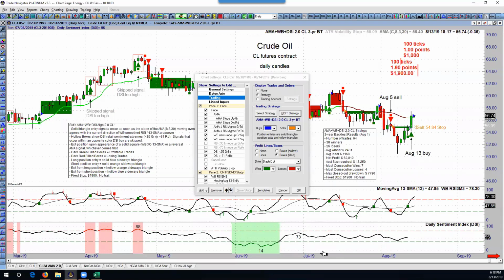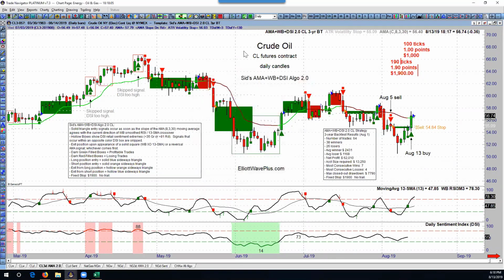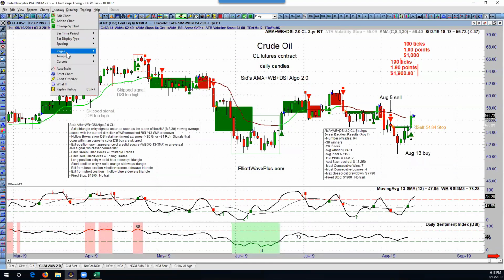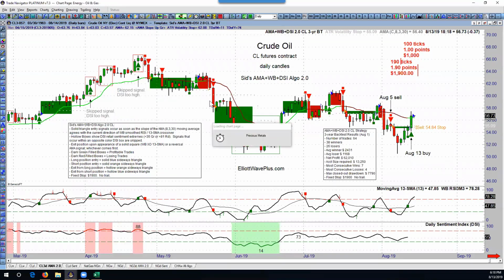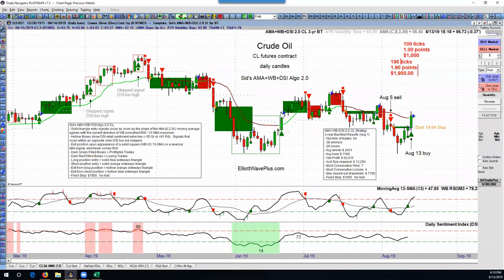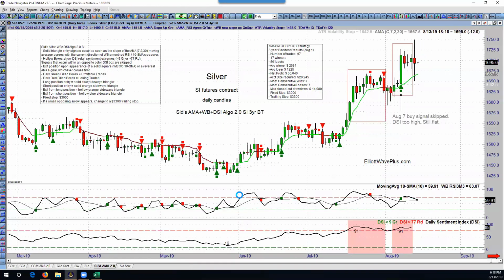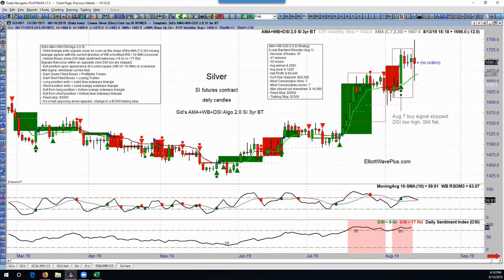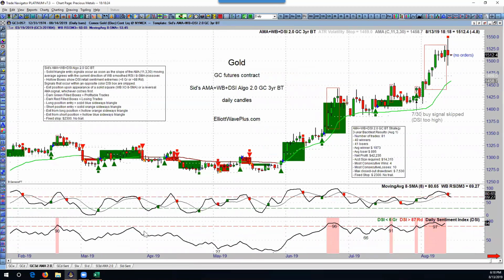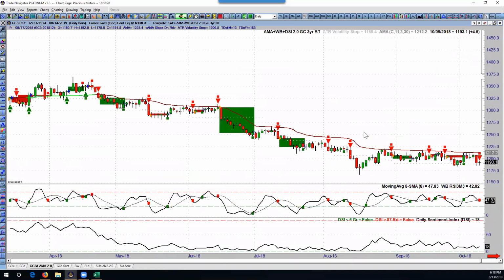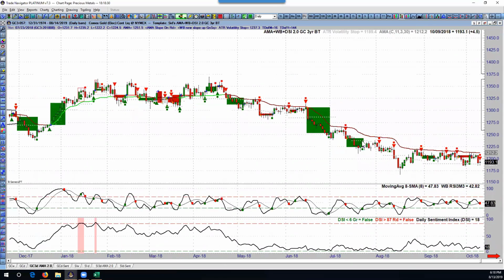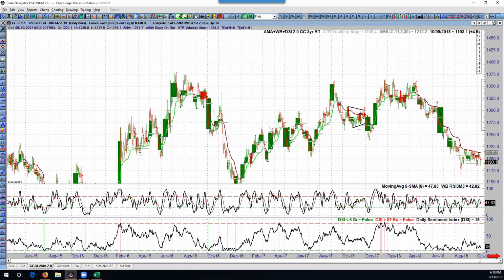I use a 3-year backtest. There's one item that is really interesting. It's been very interesting recently, and that is gold on the algo. Because I use a 3-year backtest, for those of you that are really familiar with the way gold's been moving, there was a huge, huge move to the upside during the first half of 2016.